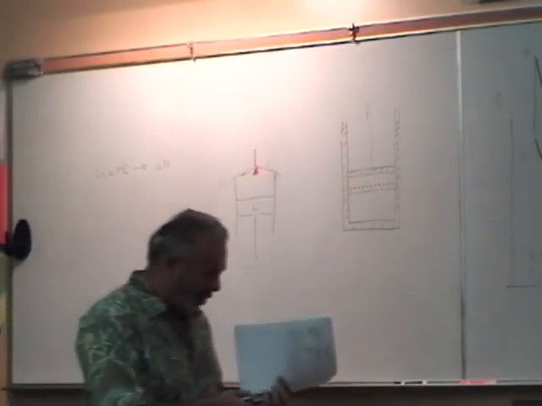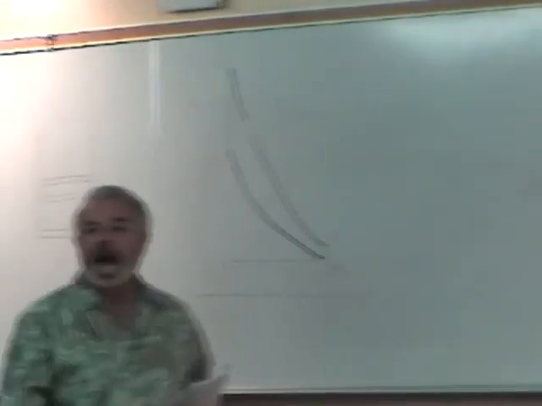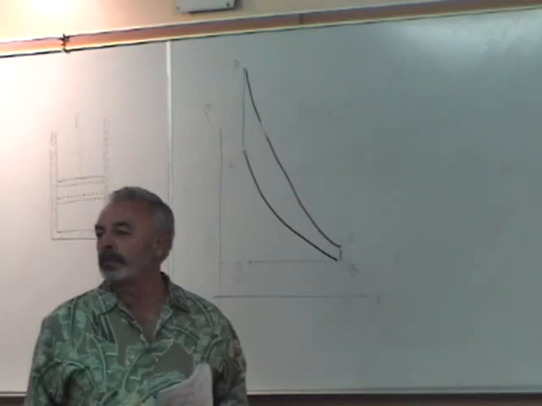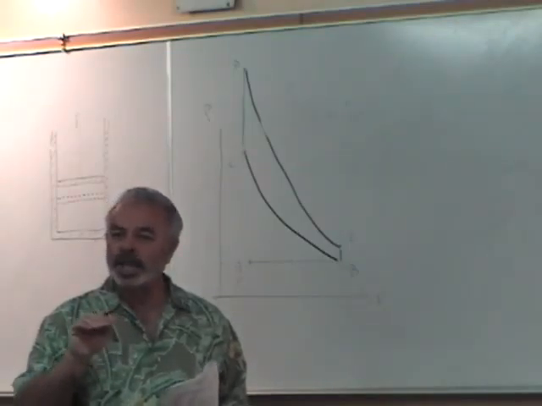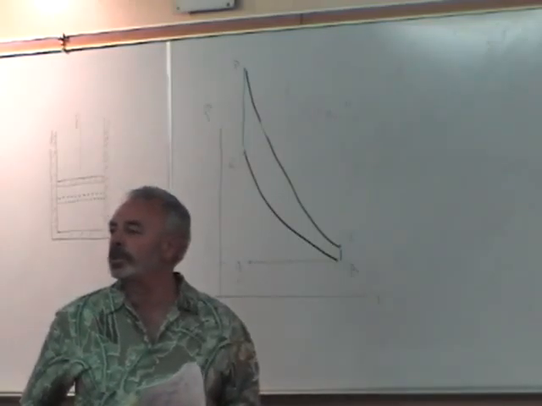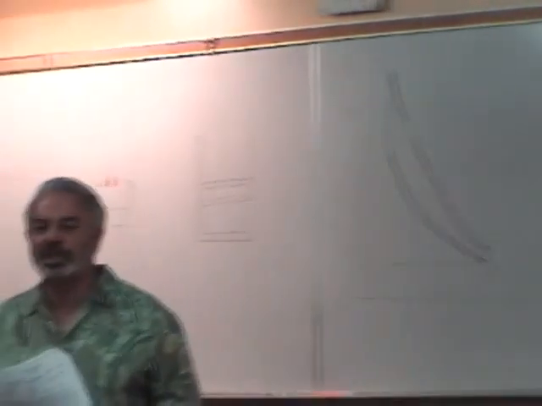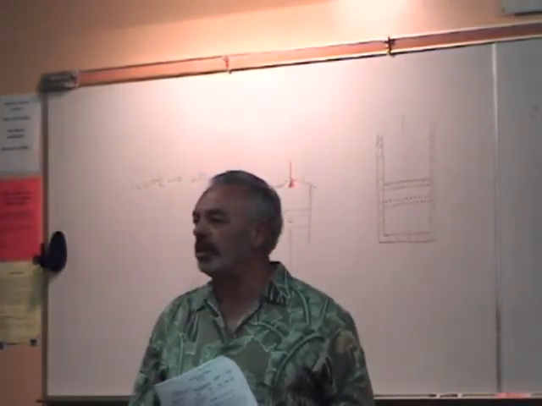First definition of efficiency is simply, does this make sense? How much work you get for how much energy goes in. If you get the same amount of work out as energy you put in, you got 100% efficient, don't you? And as you might imagine, we don't. In a cycle like this, we do not get out all of the energy that we put in.